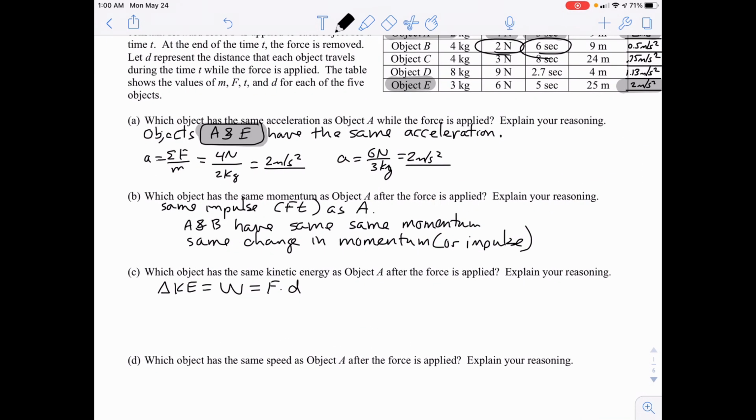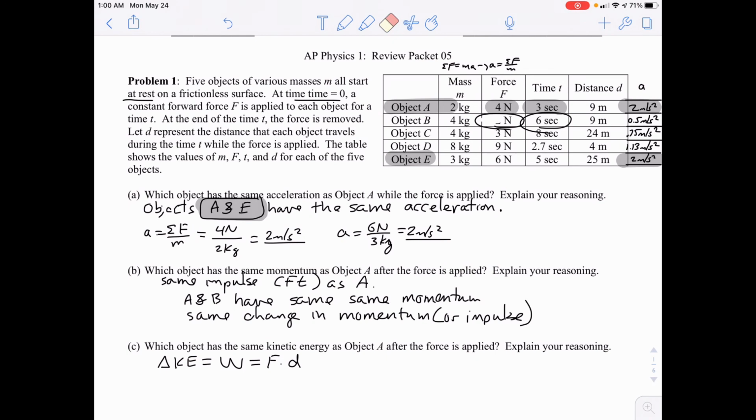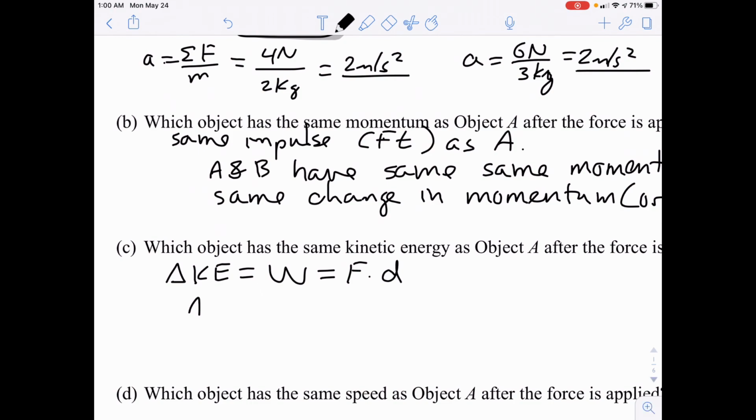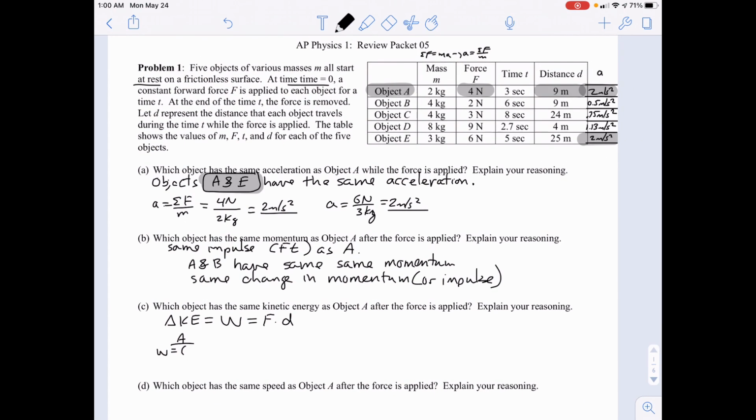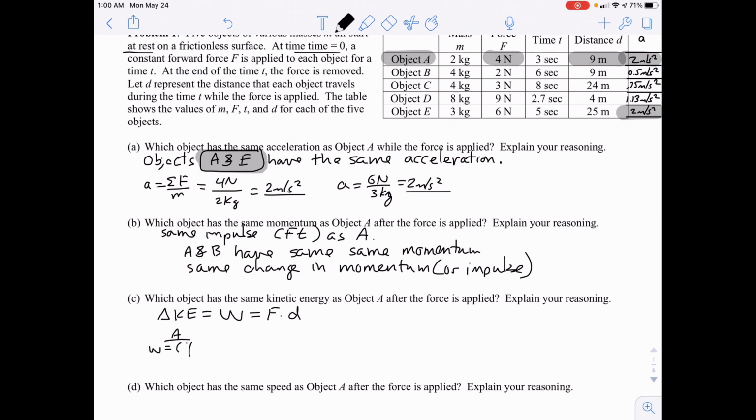So let's look at the chart again. This time we're going to focus on object A, force, and distance. Now we can see the force times the distance would be 36. So object A is 4 newtons times 9 meters, or we have an increase in kinetic energy of 36 joules.